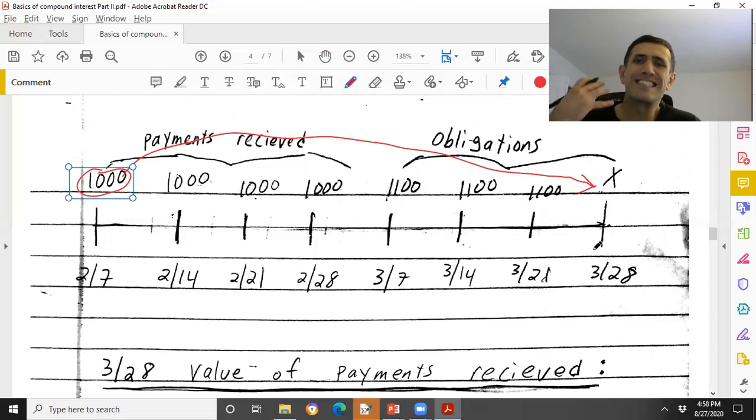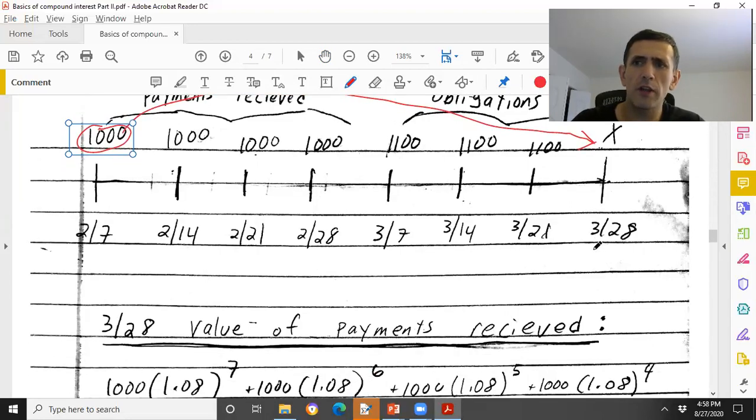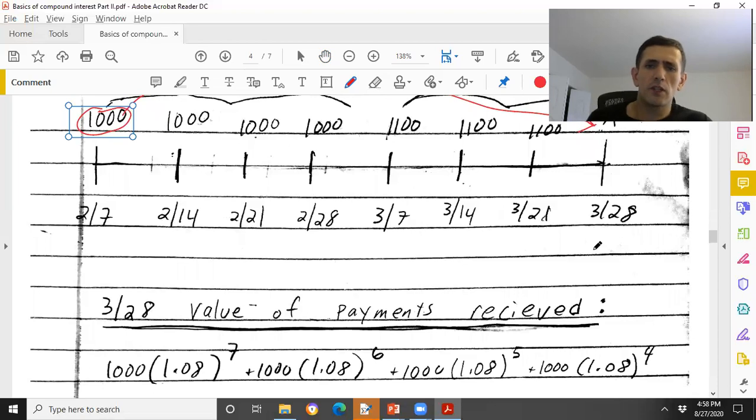That accrues 7 months of interest. So the time value of this $1,000 on March 28th is exactly what I have right here. It accrues 7 months of interest at 8% effective interest per month. So it's 1,000 times 1.08 to the 7th.